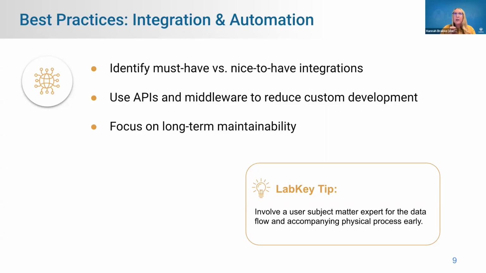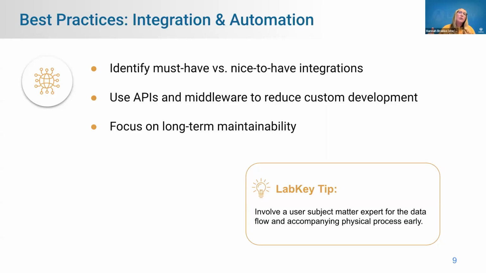In some cases, we'll have customers come to us and it is a must-have to integrate with their external ticketing system, for example, versus a nice-to-have like, at some point we'd like to pull this into a data lake, or to have this tied into our Tableau or something like that. So really knowing what is a must-have for the launch of your LIMS and for people to use the LIMS, versus things that you can do post-implementation and continue to work towards and improve upon after that process.